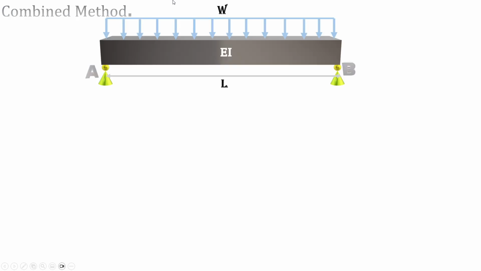Now let's move to our original beam, and this time for calculation of theta.